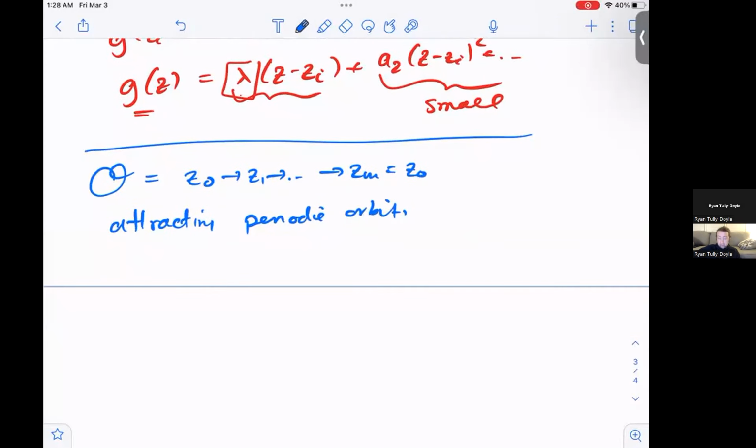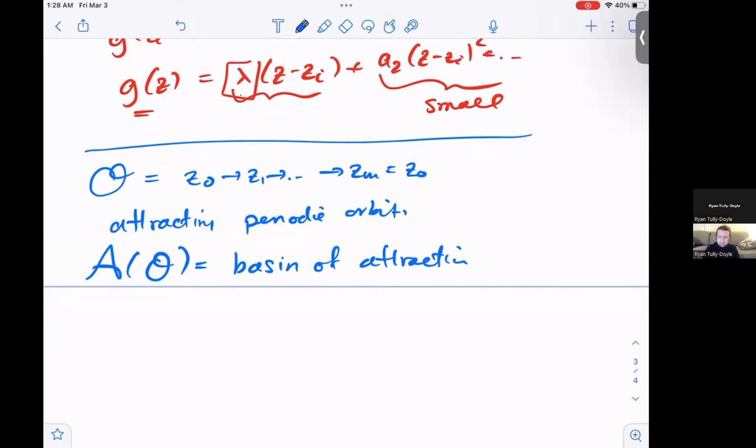Then we can designate a set A sub O, which we're going to call the basin of attraction. And you can think about this as the set of all points that if we feed them into f and we iterate them, then they get pulled into that periodic orbit, just like we saw in the mathematical notebook last time.